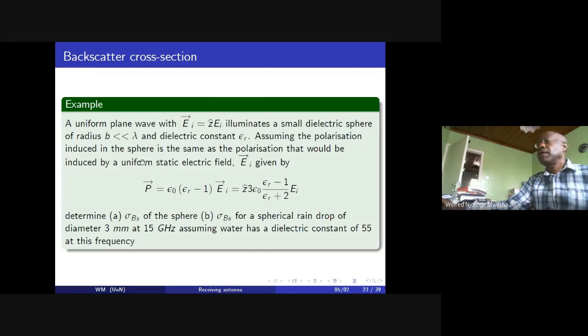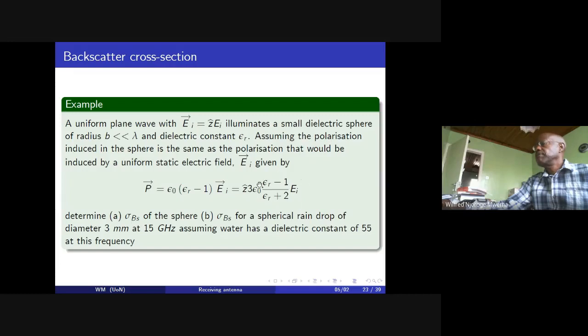Assuming that the polarization induced in the sphere is the same as the polarization that would be induced by a uniform static electric field EI, the polarization vector P equal to epsilon naught multiplied by epsilon r minus 1 multiplied by the incident electric field intensity directed in the Z direction, is given by 3 epsilon naught, epsilon r minus 1 over epsilon r plus 2.